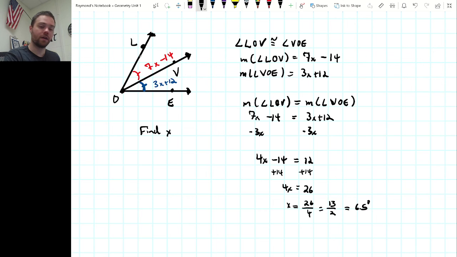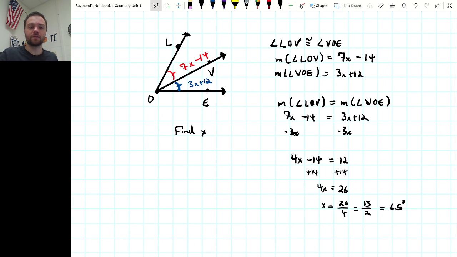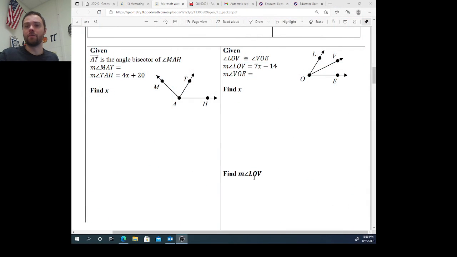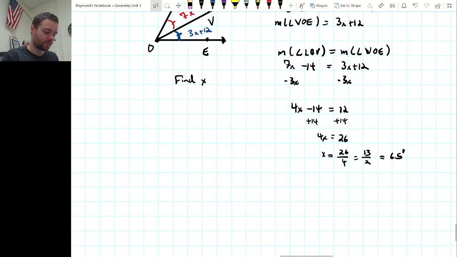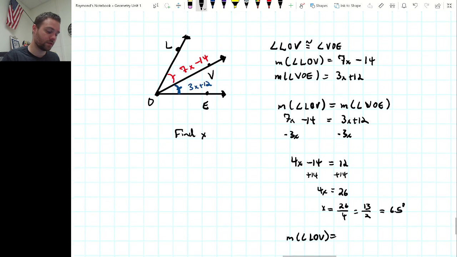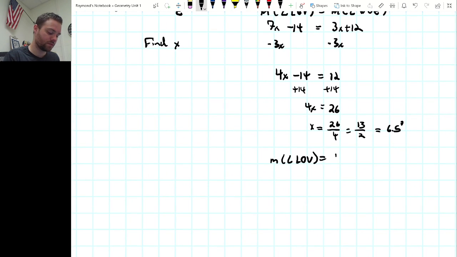So up here, the next thing it's asking is to find the measure of angle LOV using that value of x. So we can do that. The measure of angle LOV is equal to 7x minus 14. But since we know x is 6.5, we can solve this out. So I've got 7 times 6.5 minus 14. Okay?